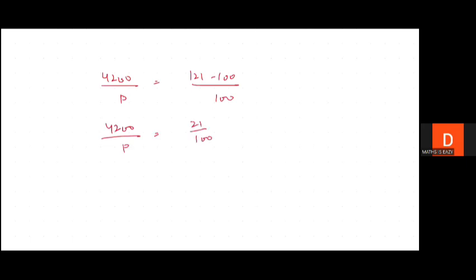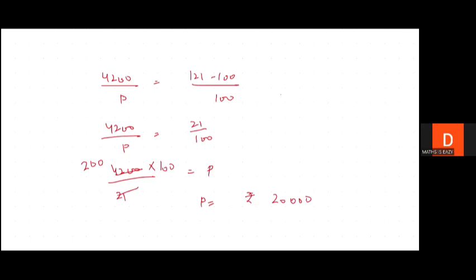So 4,200 into 100 upon 21 equal to P. So principal would be rupees how much? 20,000. So this is what we have been asked for.